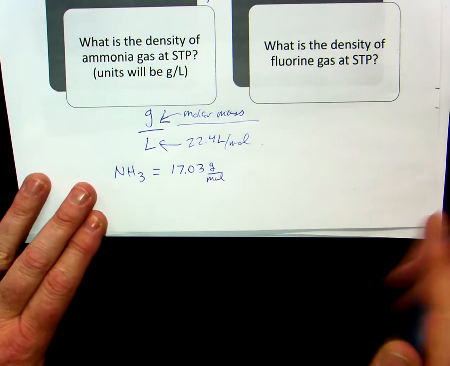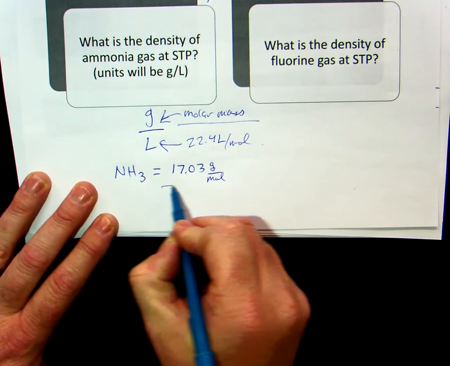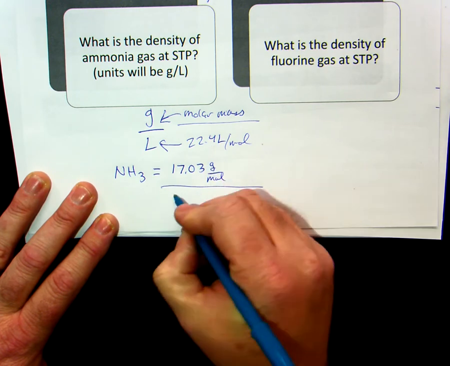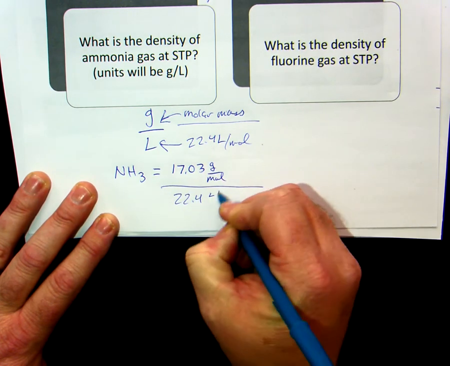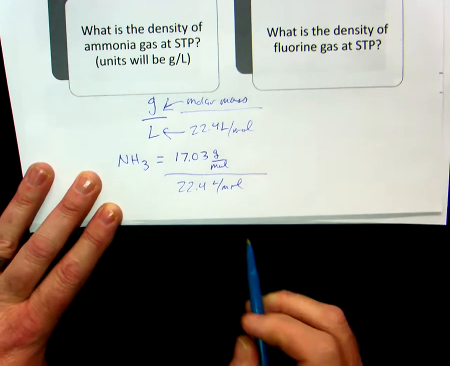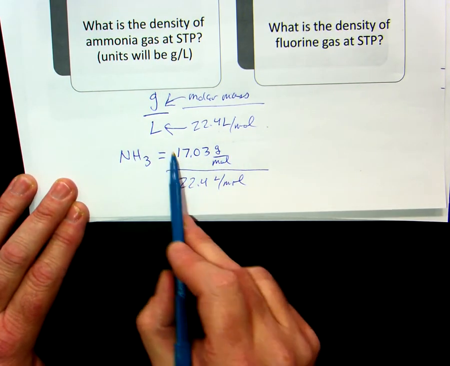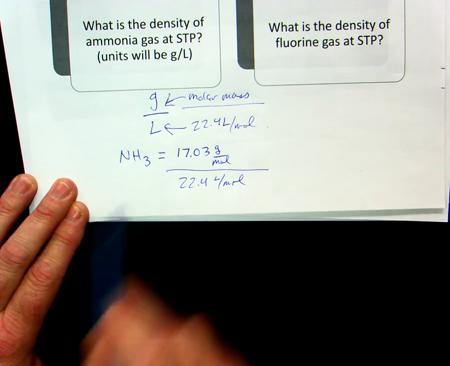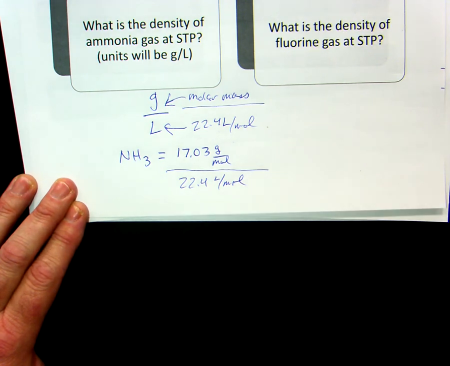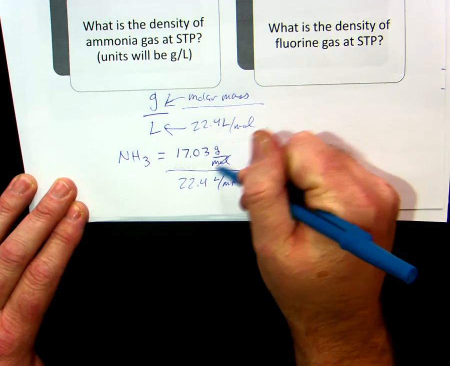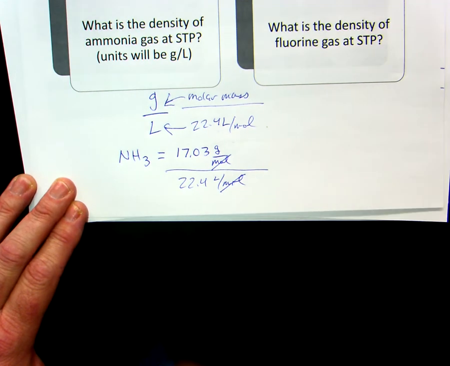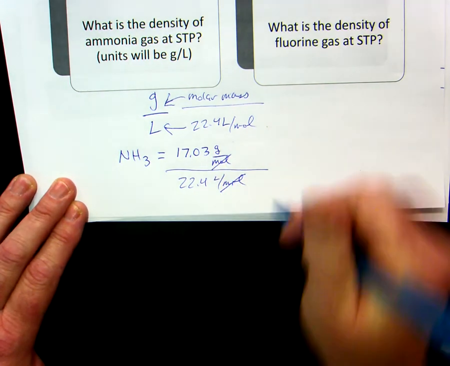We're going to divide that molar mass by 22.4 liters per mole. So again, at STP, 1 mole of NH3 has a mass of 17.03 grams and occupies 22.4 liters. The grams and the per moles cancel out, and we end up with grams over liters.